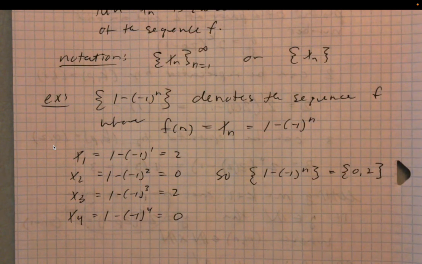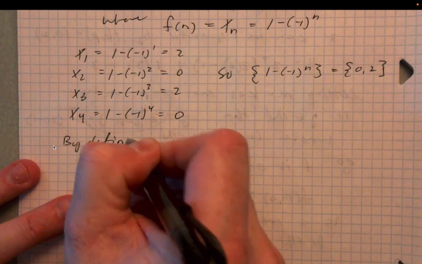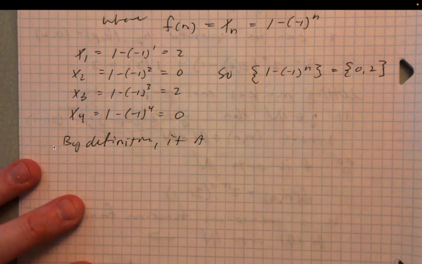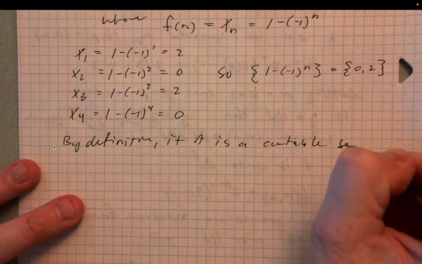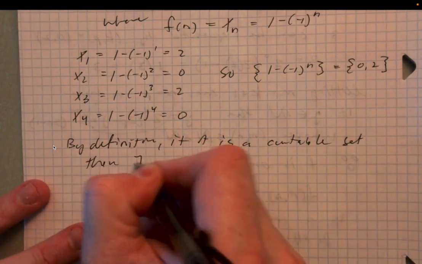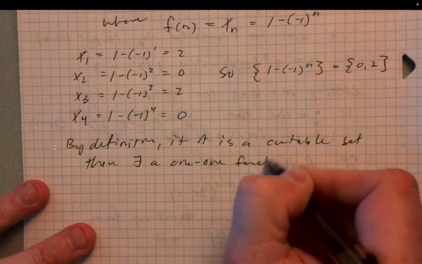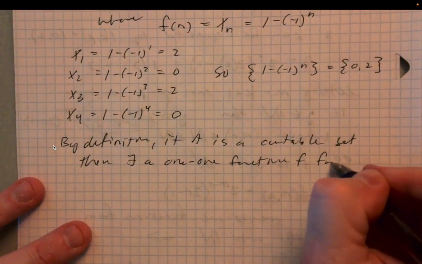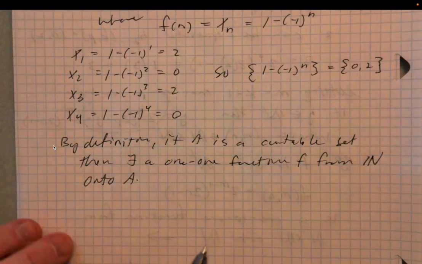Okay. All right. Moving forward here. By definition, if A is a countable set, then there exists a one-to-one function f from the natural numbers onto A, right?